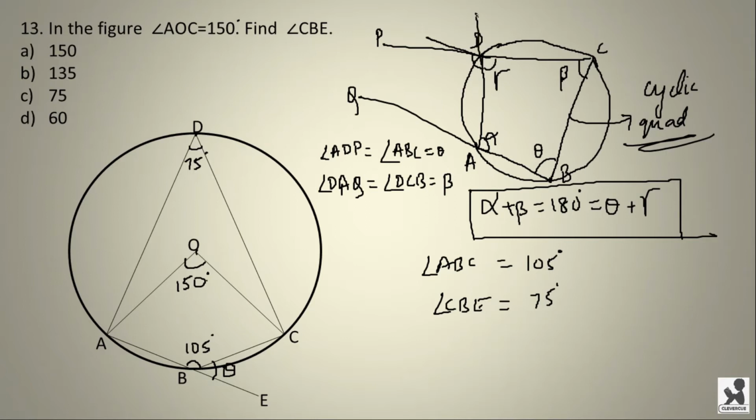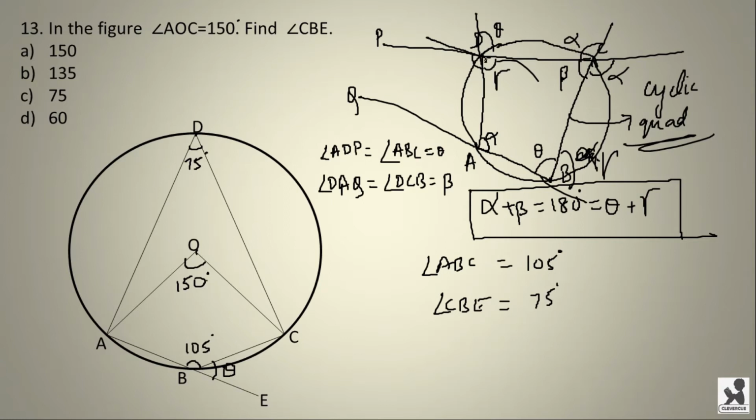Similarly for these sides also, if we elongate sides AD and BC further, then this angle will be alpha and this angle will be theta. And similarly on these sides, if we produce them, this angle will be alpha, opposite of this angle, and this angle will be gamma.